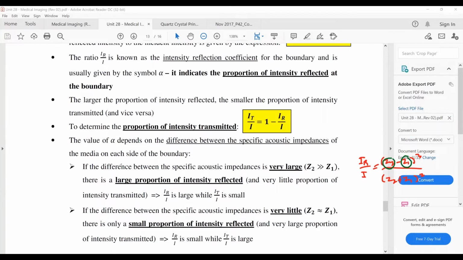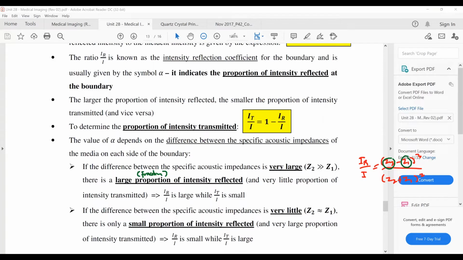Okay. What we'll say here is that if the difference between the specific acoustic impedances is very large, meaning to say one of them is very much larger than the other, that will mean that you will have a large fraction of intensity reflected. Why? Because if this is much larger than this, the difference between them is going to be large, right?